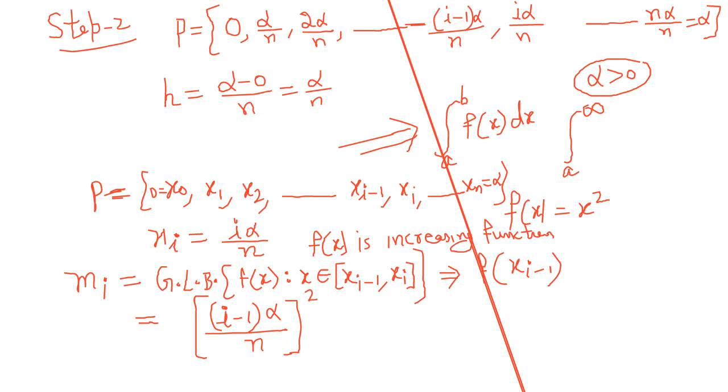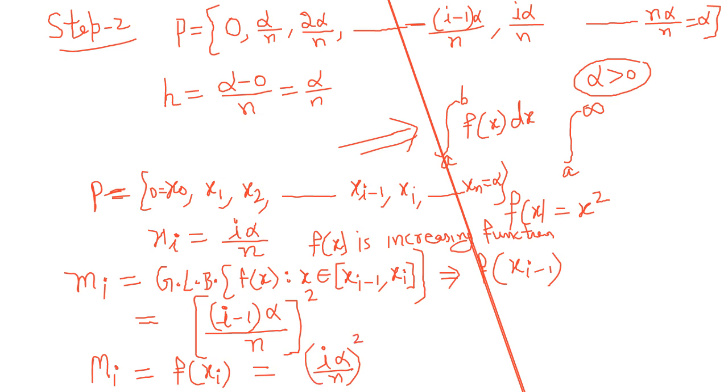So what is capital Mi? Sir, x i. Yes, f of xi, so it will be i alpha upon n, whole square.